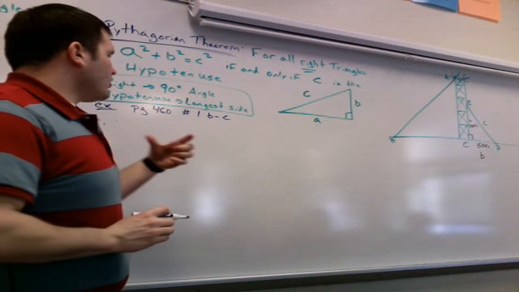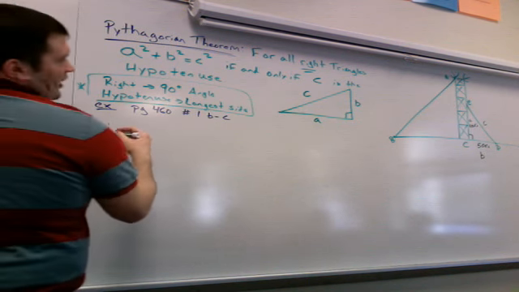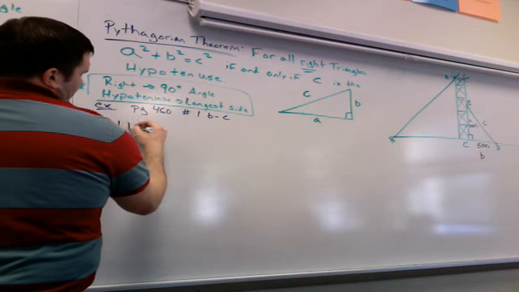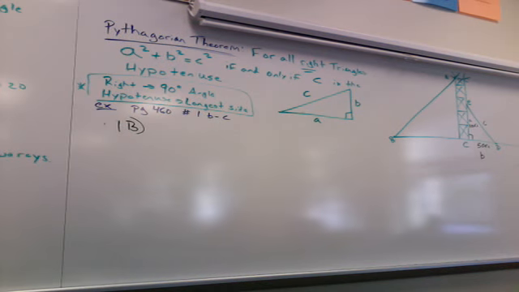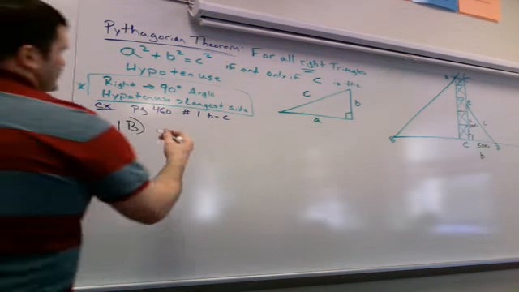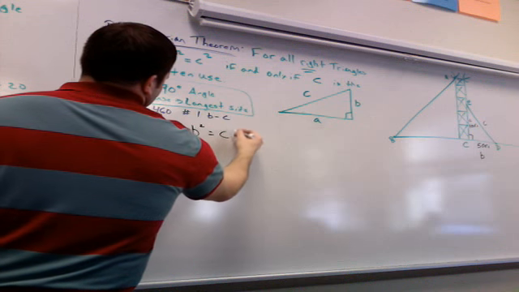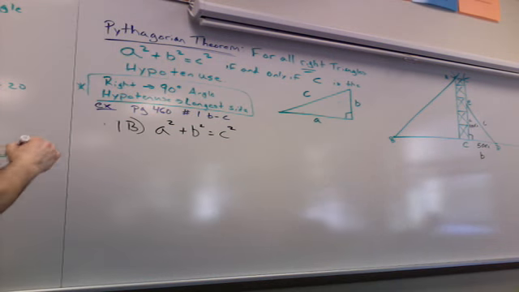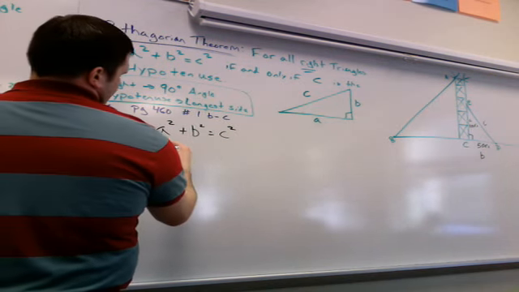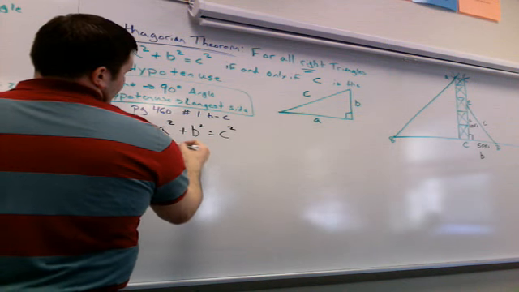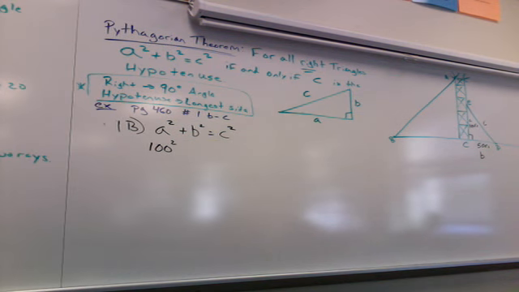Yeah. All right, so if I'm going to do 1B, they want us to find DE. So 1B, what am I going to use? Pythagorean theorem. Pythagorean theorem says A squared plus B squared equals C squared, right? So I can plug in my A as 100, right?